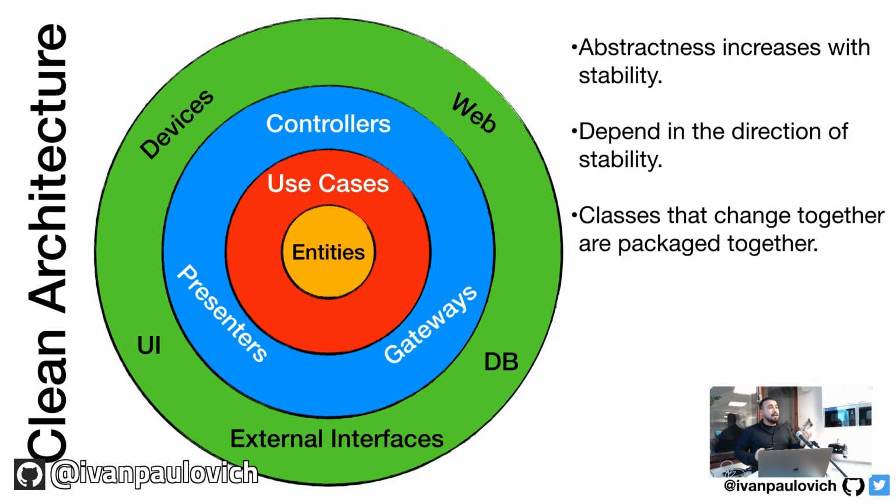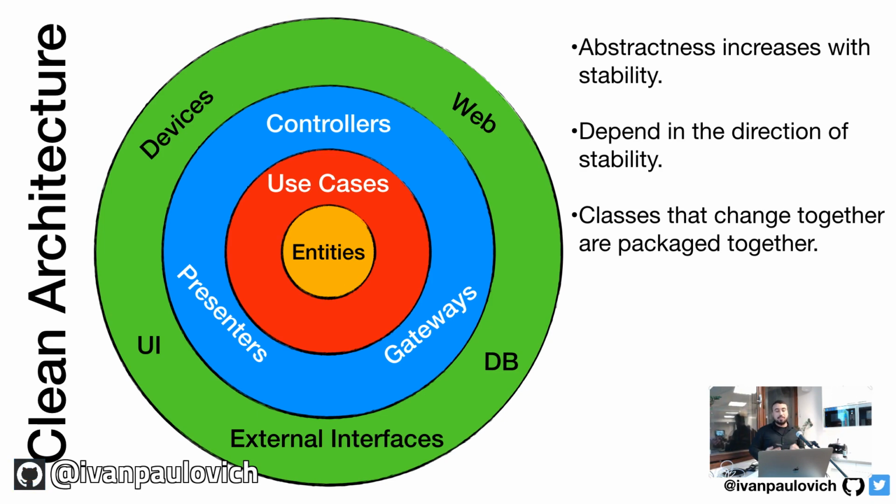I guess that you all have seen some similar picture, mostly from Uncle Bob. He has a very famous post about clean architecture. Going back to the properties that we saw before, these abstract objects should live in the inner circles. The more concrete should live on the outer circles.